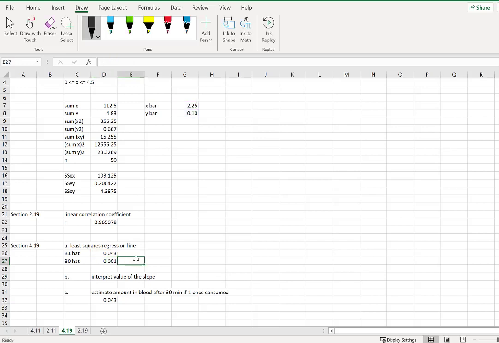That'll give us our value of beta naught hat. Then I reduced the number of significant digits down to just 3. So our y hat is going to equal 0.043 times x plus 0.001. So there would be our least squares regression line.